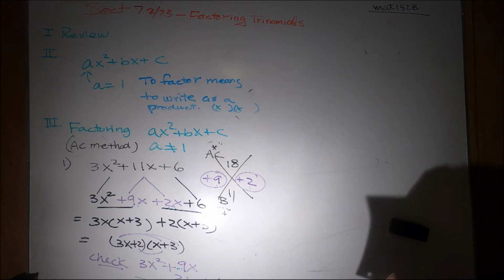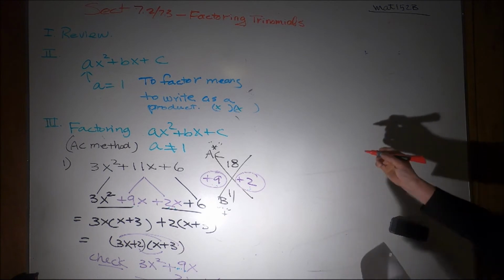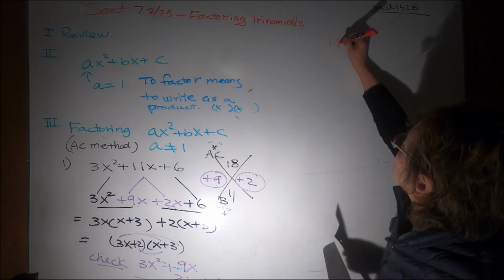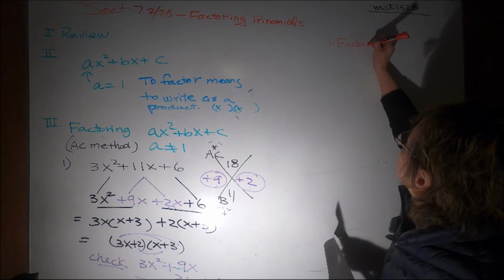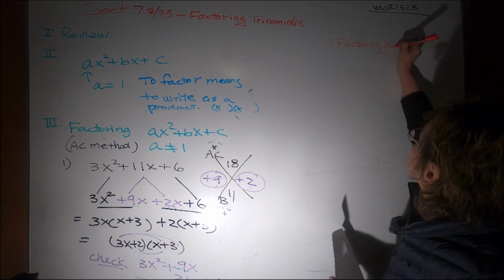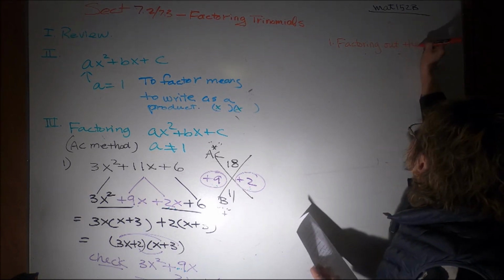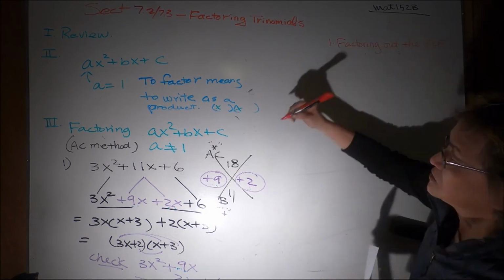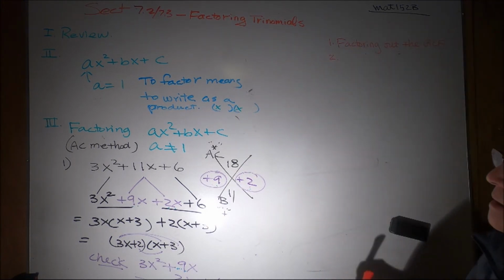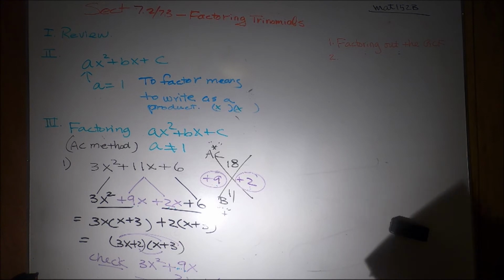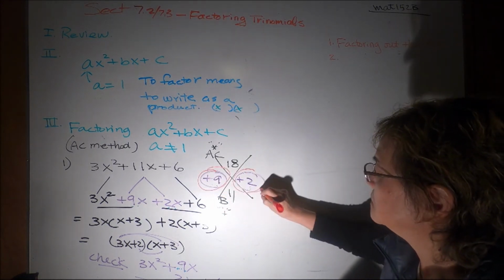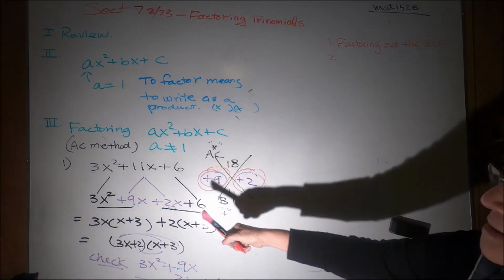So use the AC method. First, we always factor out the GCF. For this one, we don't have it, right? Then what's the next step? You will find this first, so you can split it.